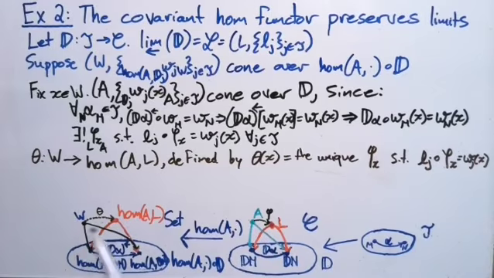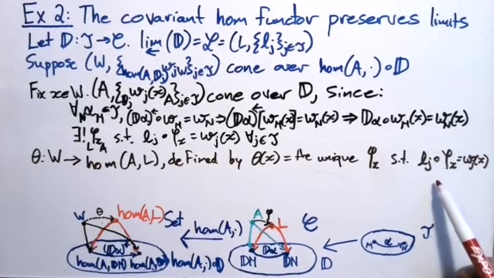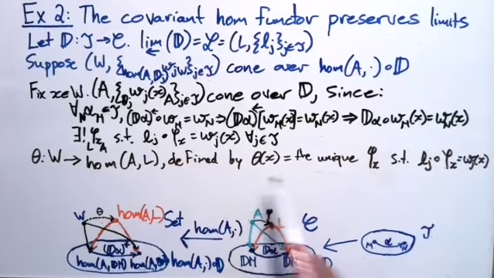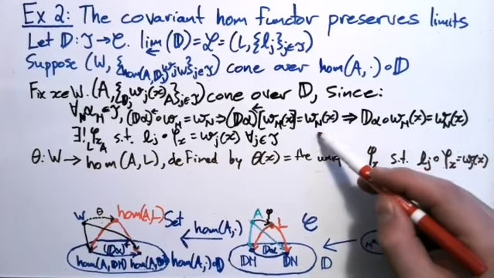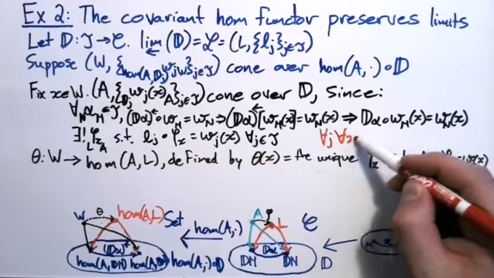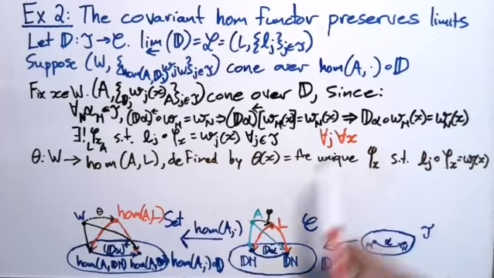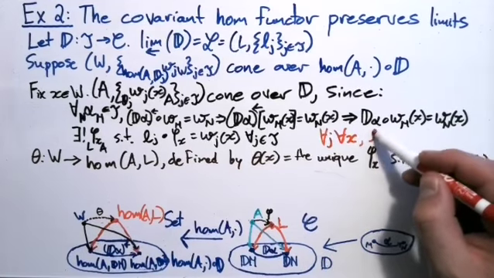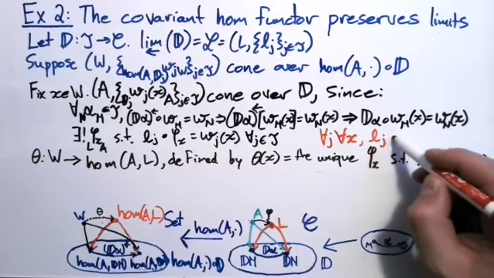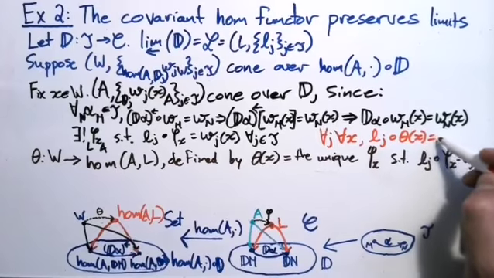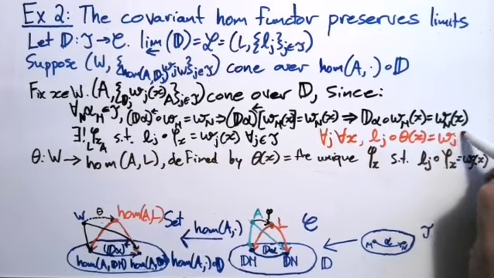Because this needs to be a unique mediating morphism. Well, this is for all j, so what we can say is if we plug this theta x into this formula, we have that for all j and for all x in W, we have Lj after theta of x is equal to Wj of x.